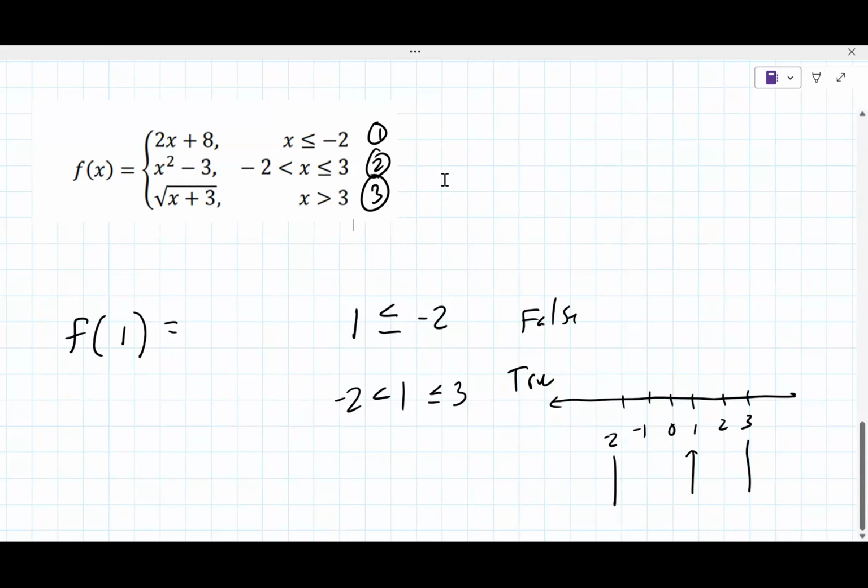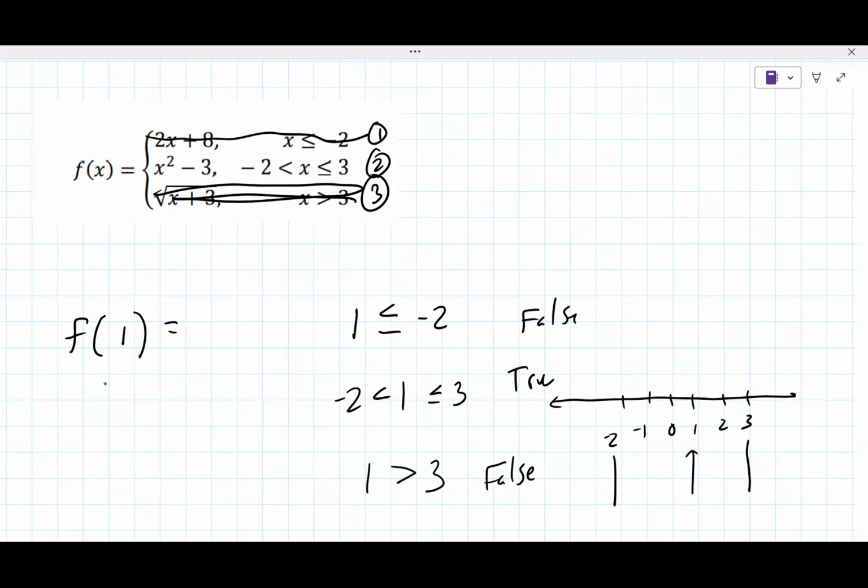Yes, so we're not using piece 1. The previous piece we use is piece 2, and now we have to use piece 3. No, we use piece 3 when the number is greater than 3. Is 1 greater than 3? No, so we can't use that piece.